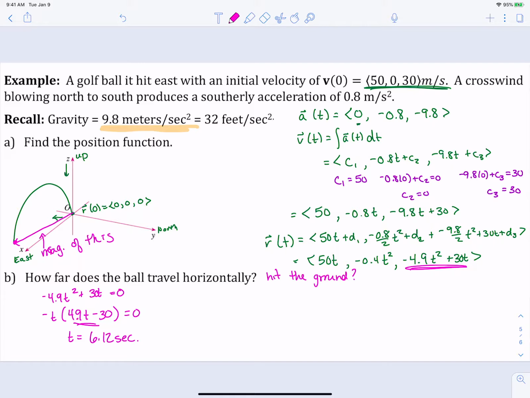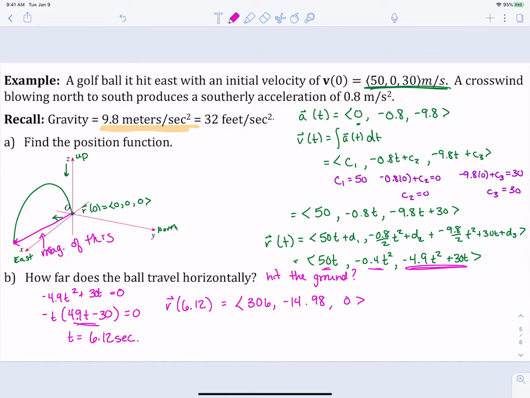And then we want to look at the x component and the y component. So we plug 6.12 in for all of our variables here, and we get 306 when we plug it into the first component. We get negative 14.98 when we plug it into the second component, and we should get 0 when we plug it into the third component.